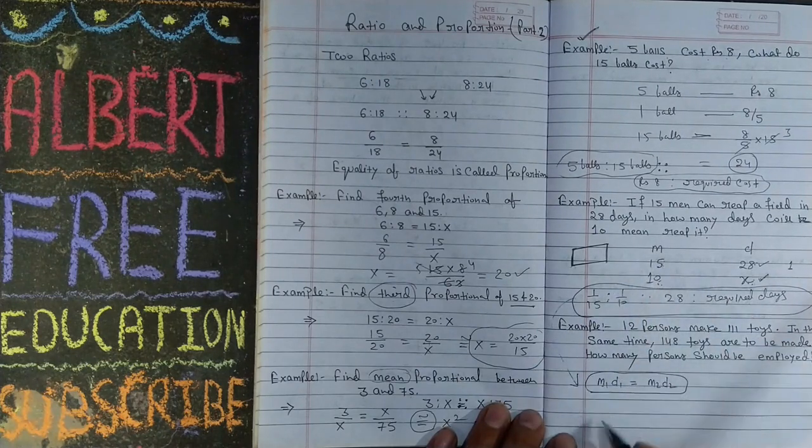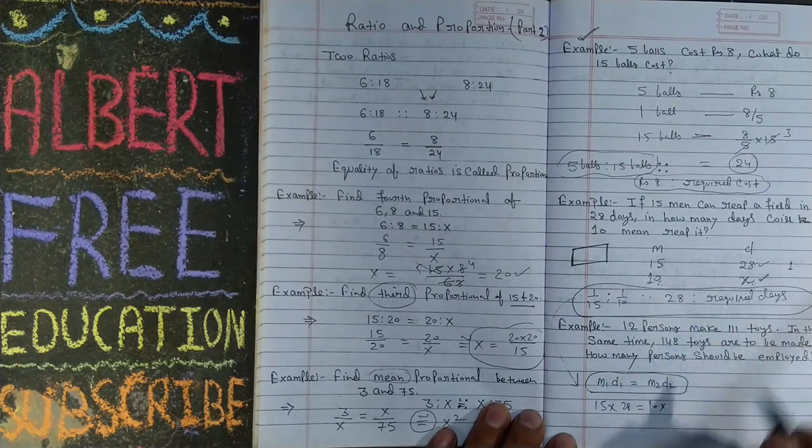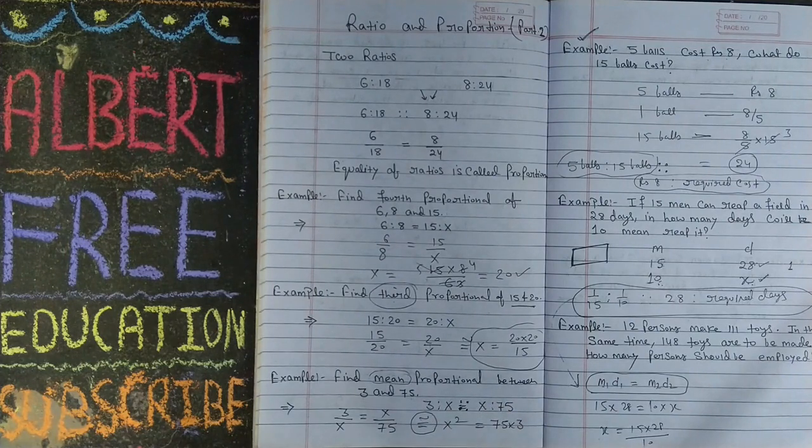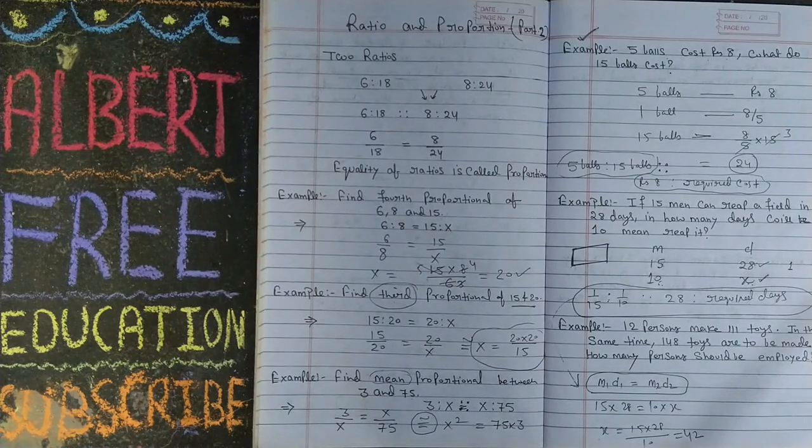M1 is the men, 15, and D1 is the days, 28, equal to M2 is 10 and D2 is X. So your X is equal to 15 into 28 upon 10. So your answer is 42. This is your answer. This is the shortcut method.